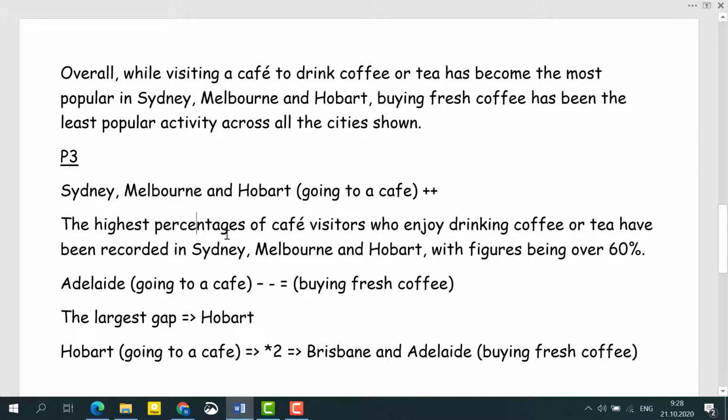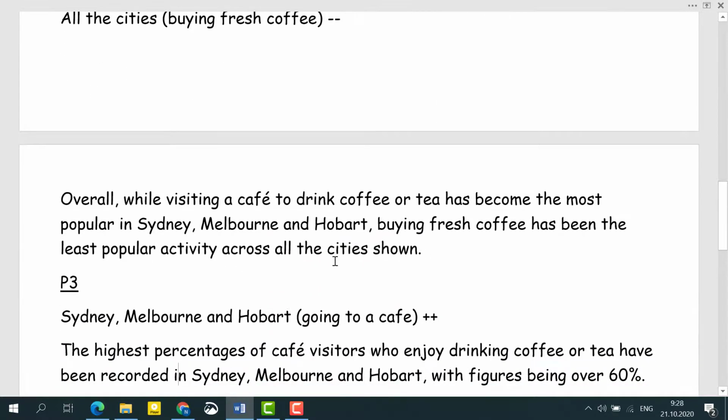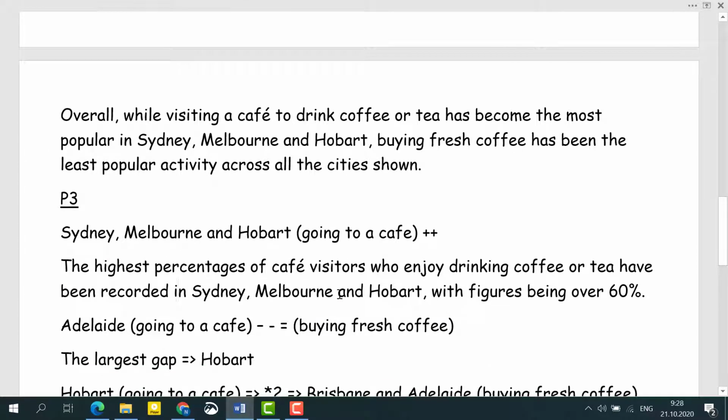Percentages, we're talking about three percentages here, and therefore percentages, not percentage. So of cafe visitors, I have paraphrased. Instead of saying going to a cafe, you can just say cafe visitors who enjoy drinking coffee. Remember, enjoy plus ing, enjoy drinking, enjoy playing, enjoy drinking coffee or tea.